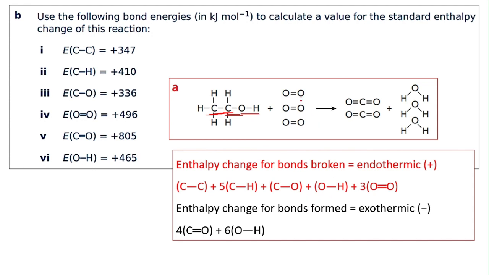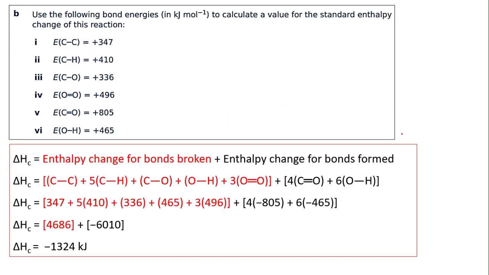And then we have O=O double bonds, 3 total. So this is all about the reactant side. On the product side, we have 4 C=O double bonds, and in the water we have 6 O-H bonds total.